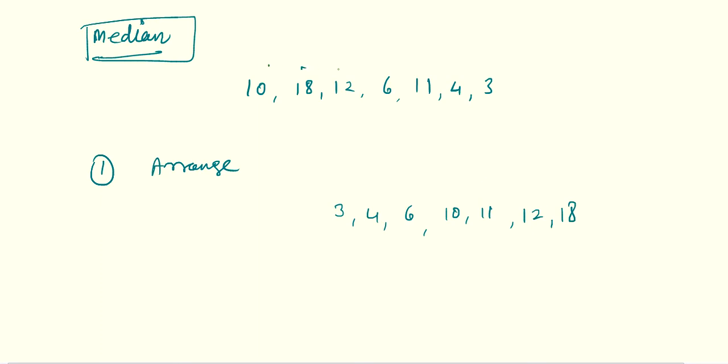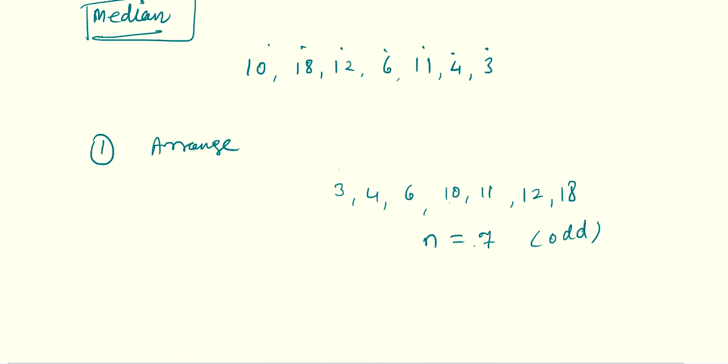So 1, 2, 3, 4, 5, 6, 7. That means all the values we have written here. 7 digits we are having here, so n equals 7, and 7 is an odd number.